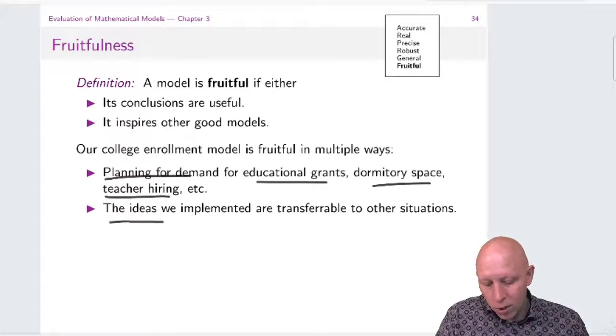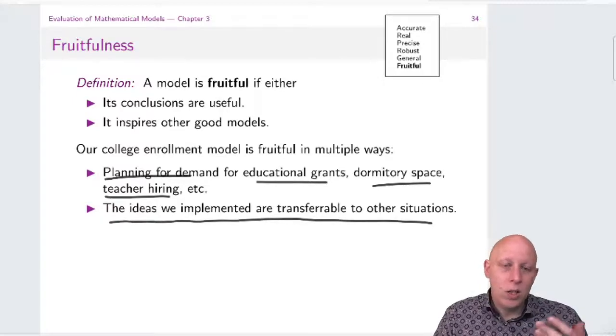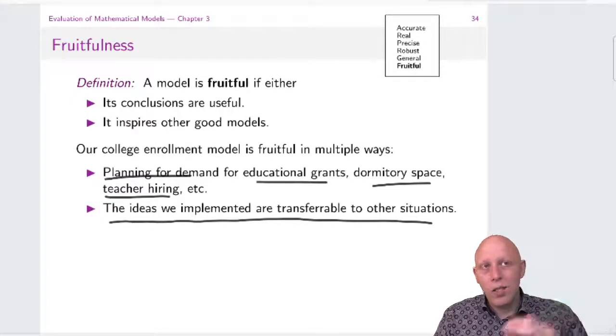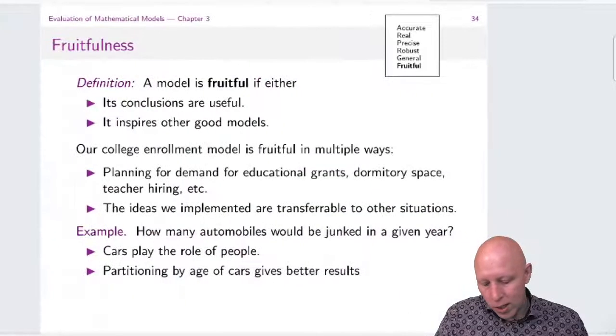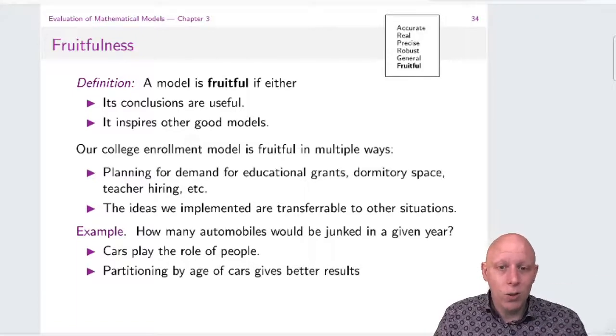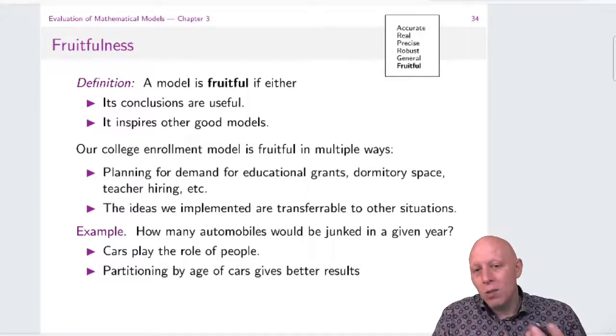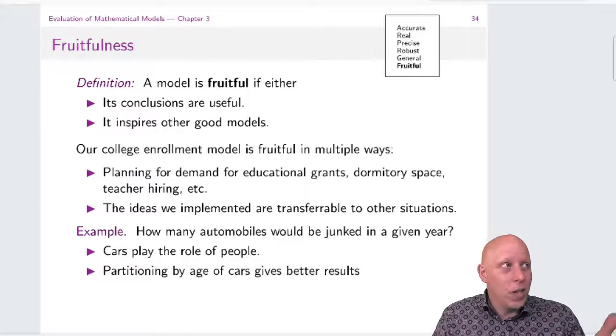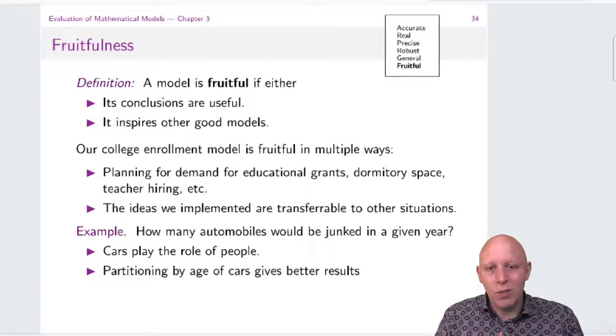But you could also talk about using this model as a basis for other models. For example, let's say we wanted to talk about removing cars from the roads. Well, we could talk about how many are going to be taken and put in the junkyard in a given year.